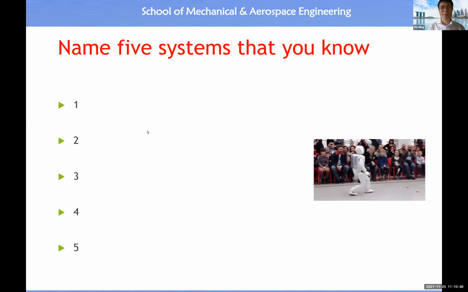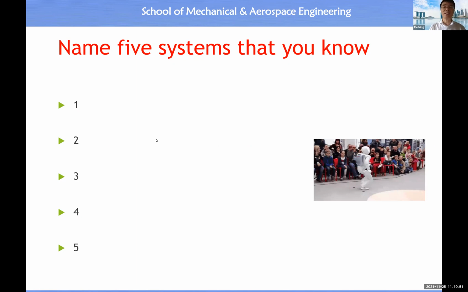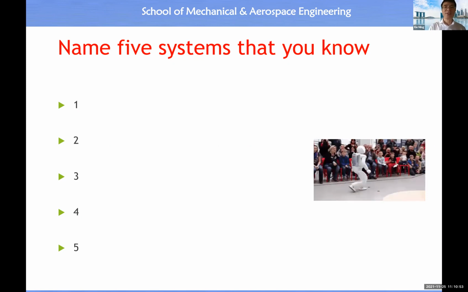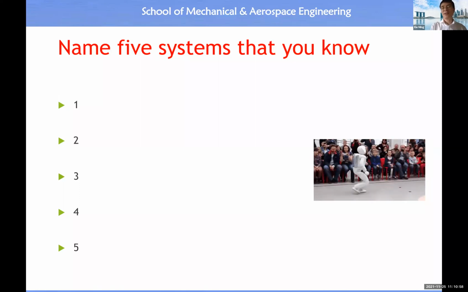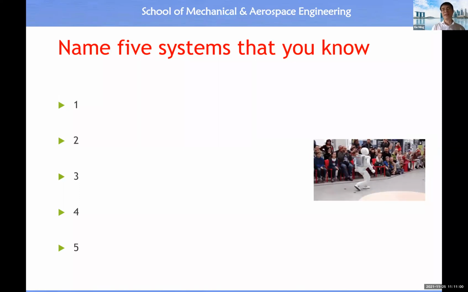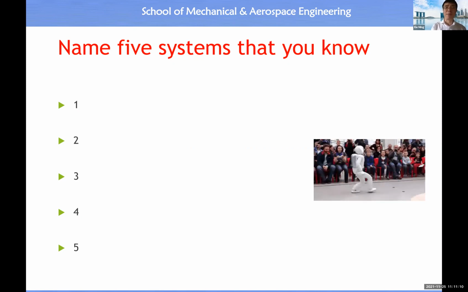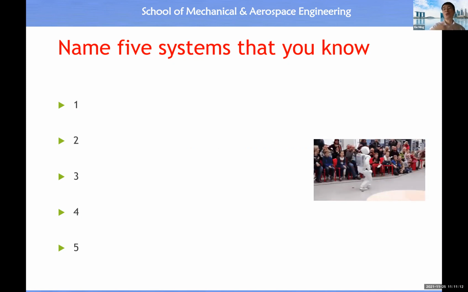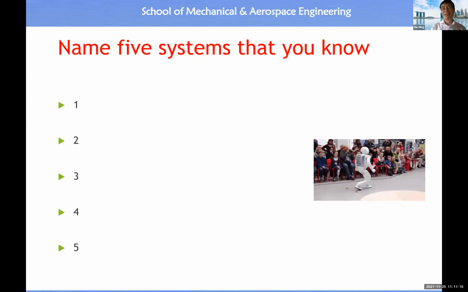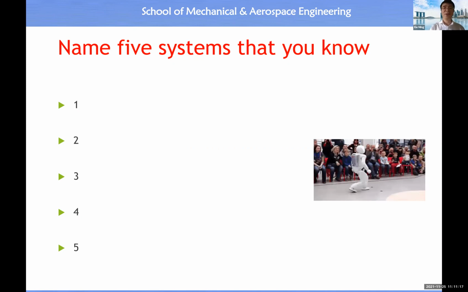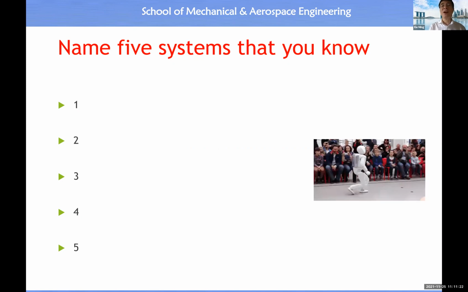Inside the campus, we may have a power system, and we have an electronic system. We also have an IT system to manage the information about the students and faculty members, etc. Then we also have a research lab and teaching lab, and inside the lab you may see many other systems, such as a robot system and a vehicle system, etc. All right, so it should be quite easy for you to name 5 systems which are familiar to you.